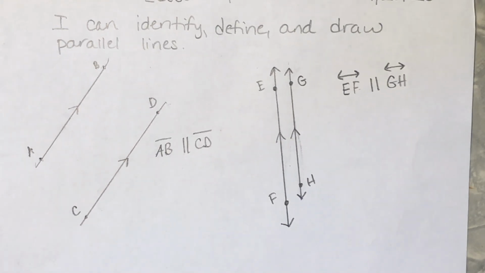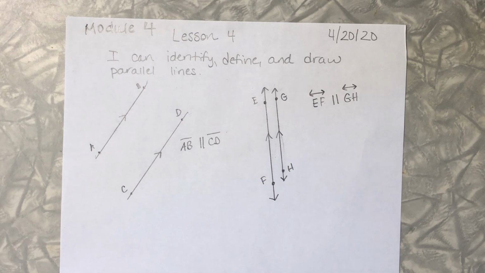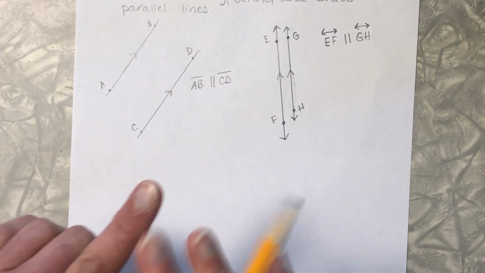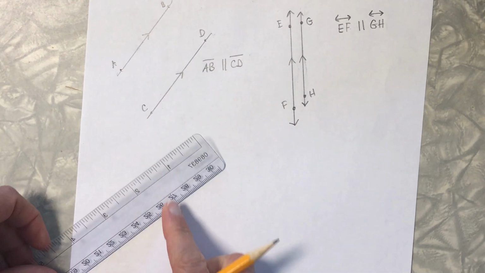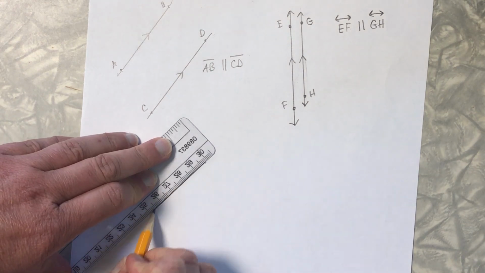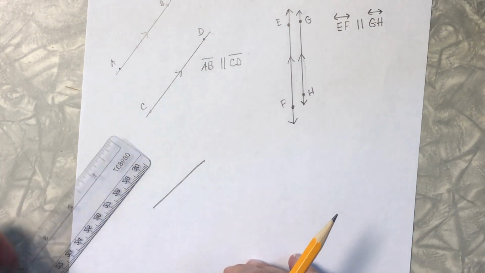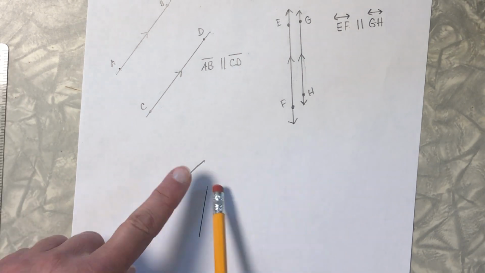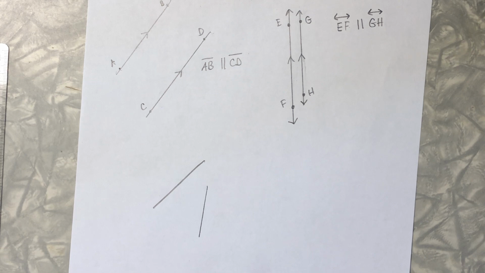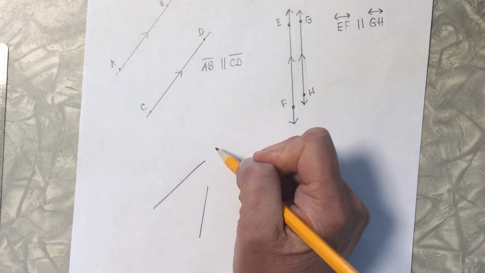Now, one thing that you need to know, we know that parallel lines never intersect. What about line segments that look like this? What if I were to take my straight edge and I were to make one line segment going this way and another line segment going this way? Now, are they intersecting? They're not intersecting, are they? But we have to imagine that these lines will continue on maybe into a part where we can't see.